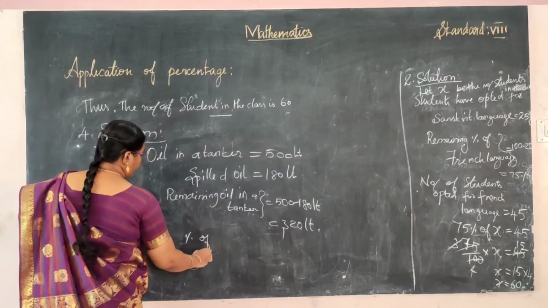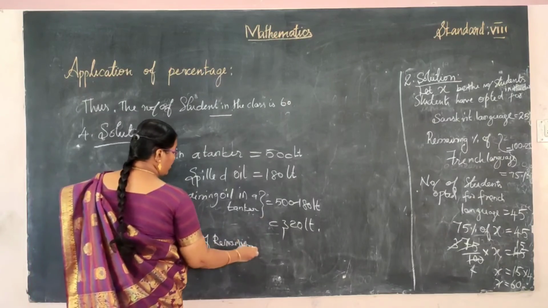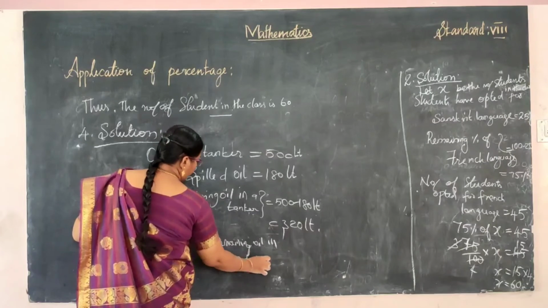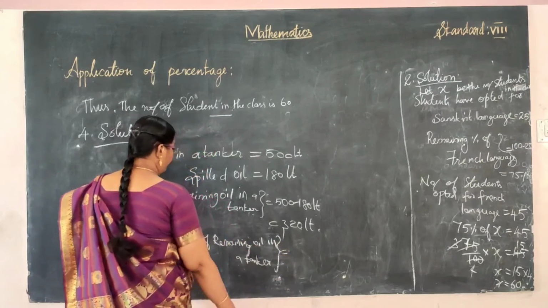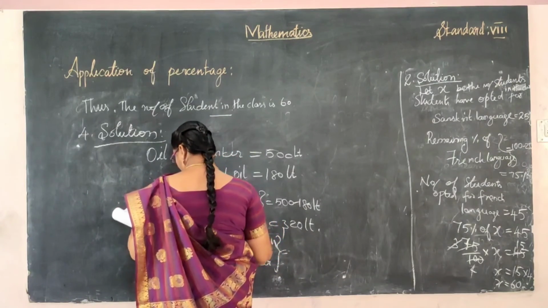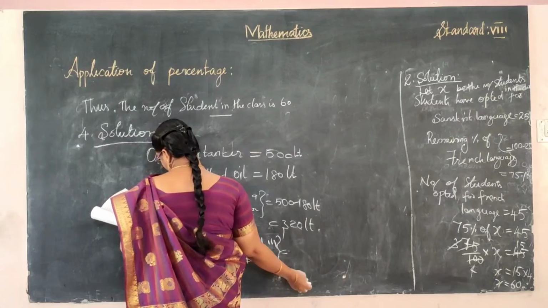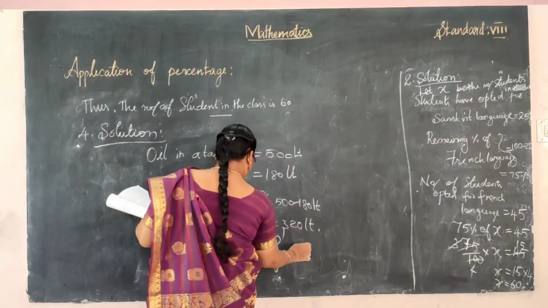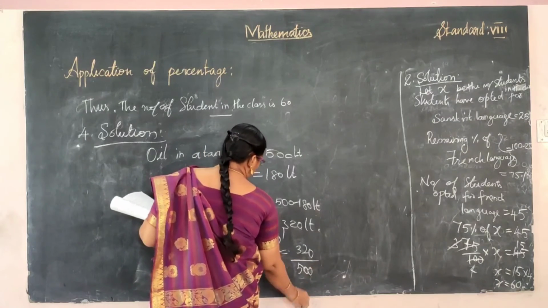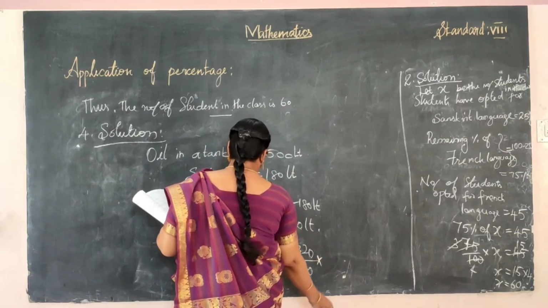Percentage of remaining oil in the tanker is equal to 320 out of 500, so 320 by 500 into 100.